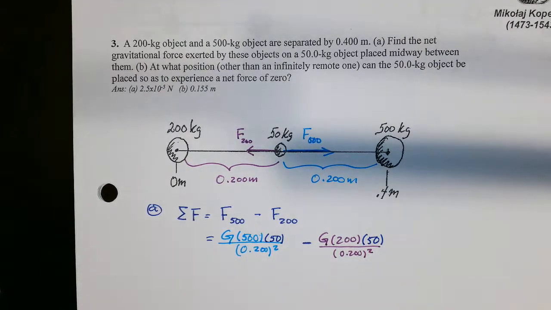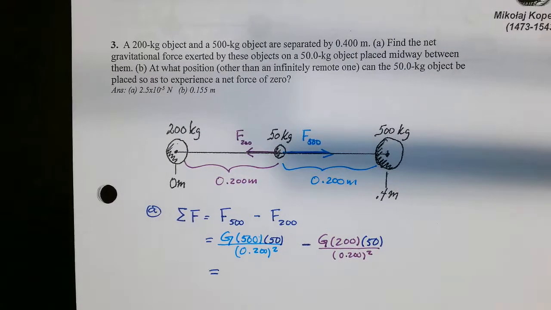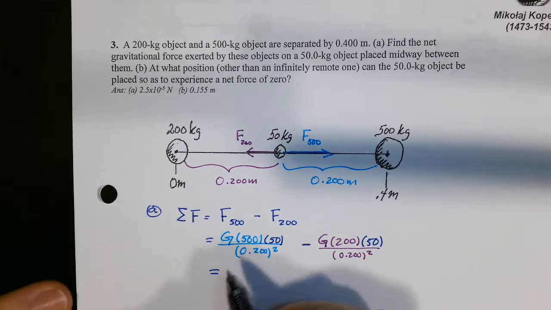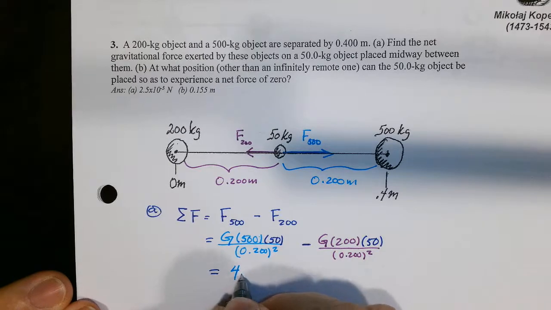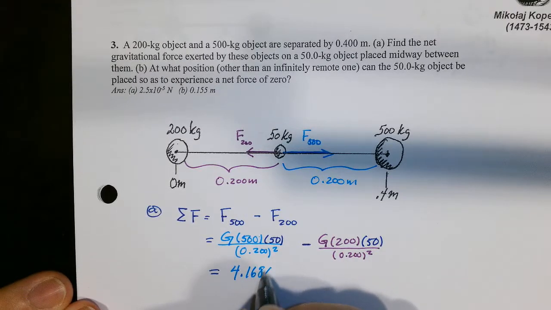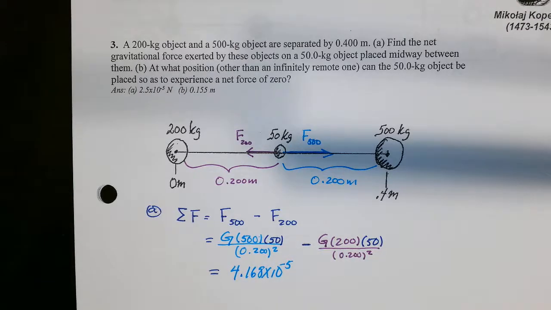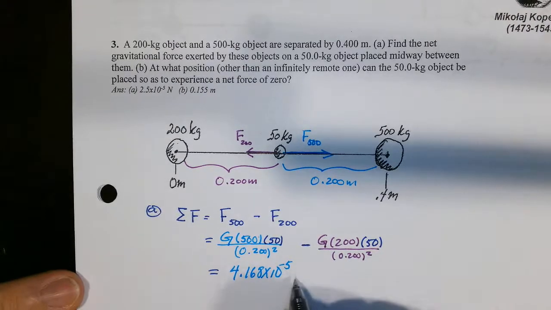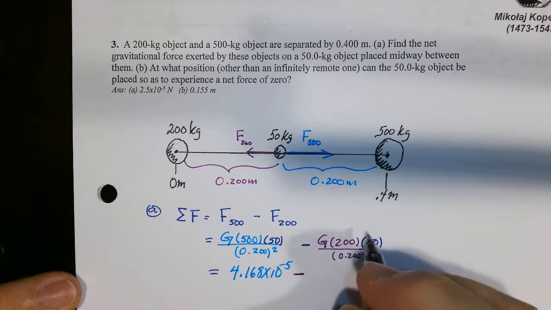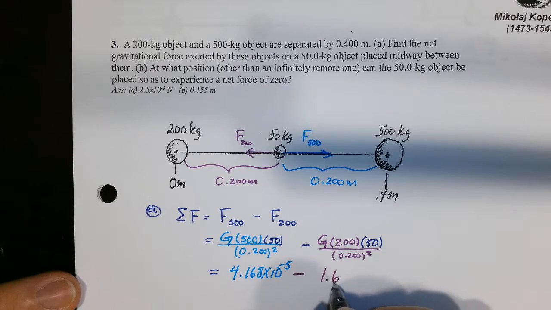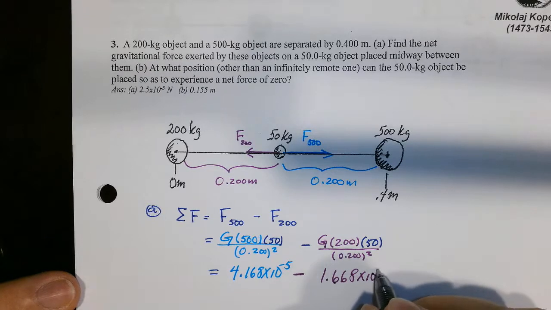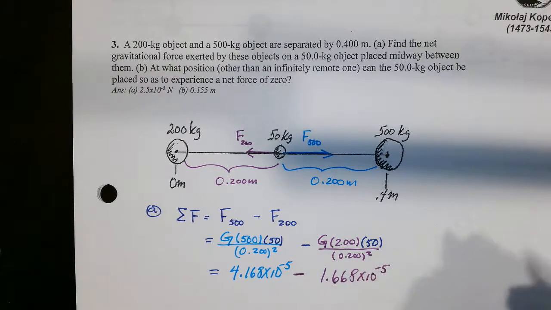So if you work this one out, you're going to get something like 4.168 times 10 to the negative 5th newtons, and this one would come out to be minus 1.668 times 10 to the negative 5th newtons.